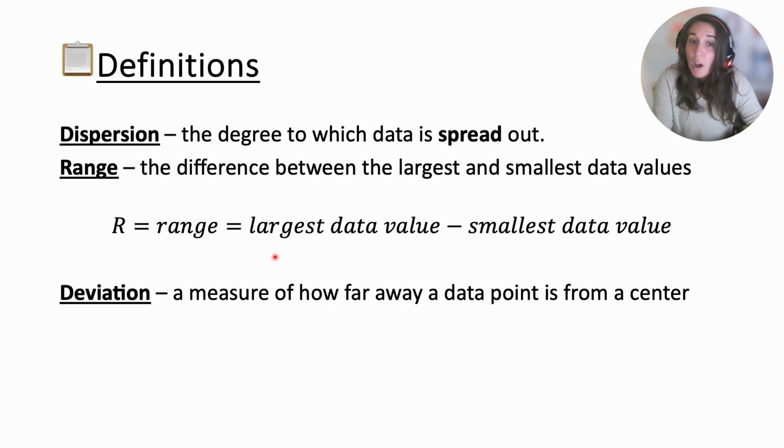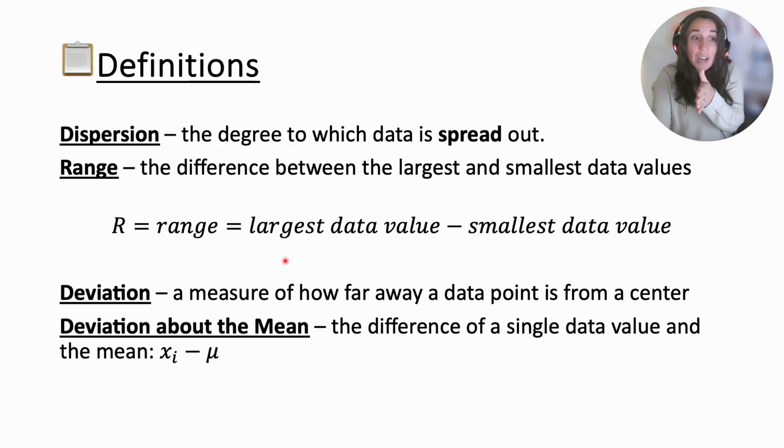Deviation is a measure of how far away a data point is from the center, and deviation about the mean is the difference of a single data point from the mean. So remember that x sub i stands for any data point, mu stands for our population mean. We can figure out how far away that single data point is from the mean if we subtract the two, because subtraction is just another way to calculate distance, basically.